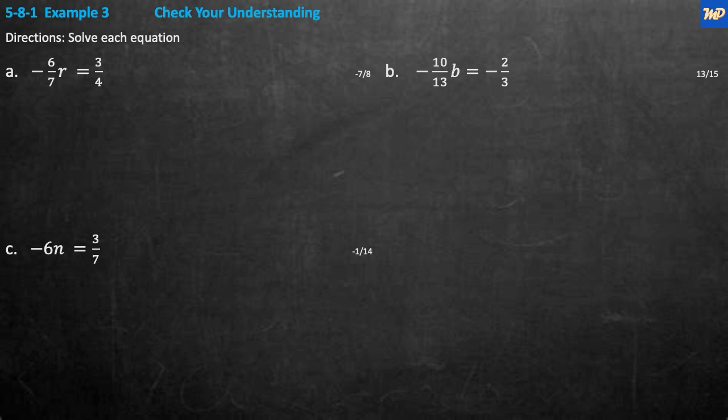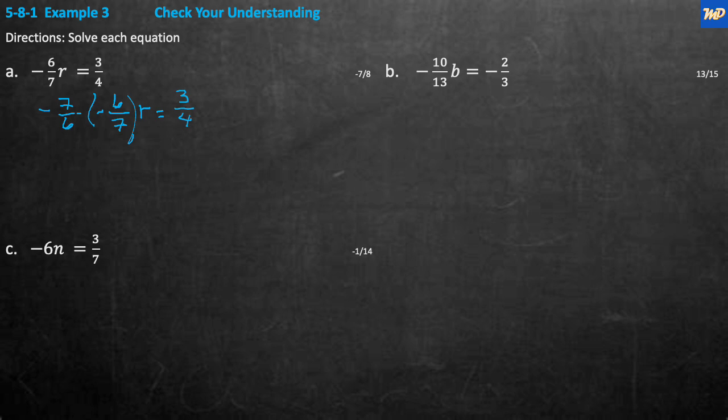Okay. So starting here with problem A, we have the coefficient of r is negative 6/7. So we're going to multiply by the reciprocal of negative 6/7, and that's negative 7/6. So we flip over the fraction. So negative 7/6 right there times negative 6/7 r equals 3/4.